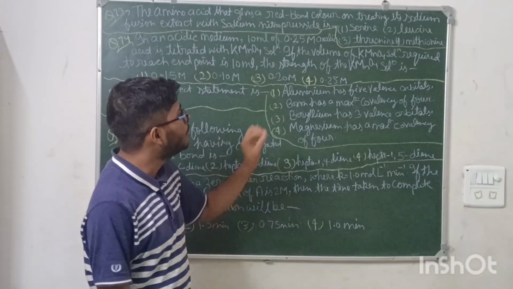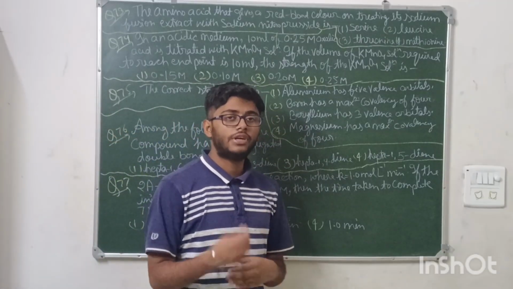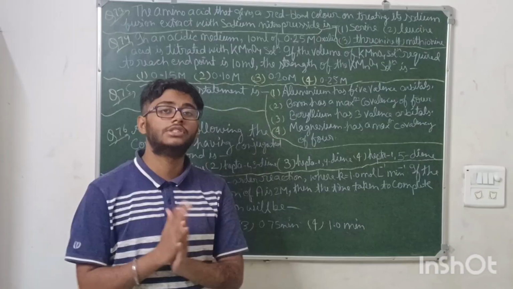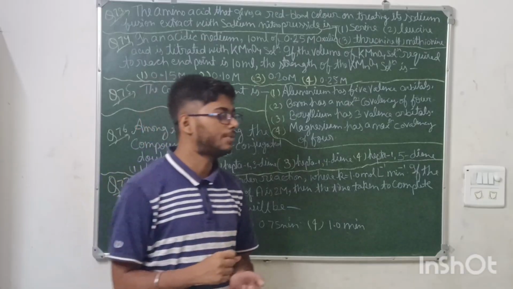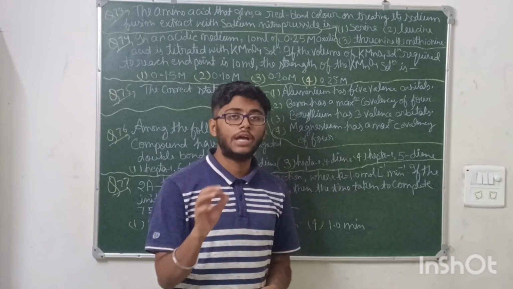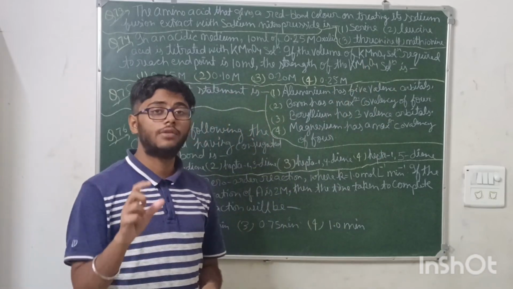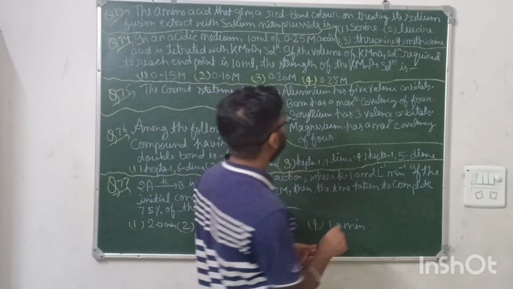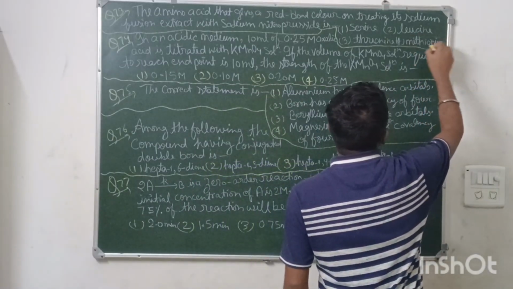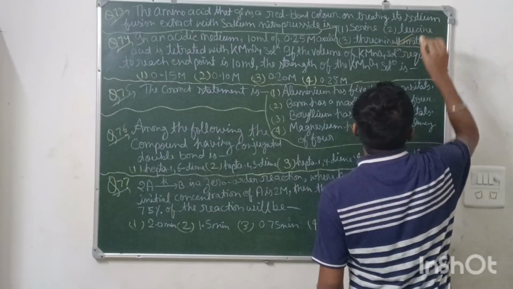You need to remember the structures of these amino acids, and if you have read the NCERT, the list of amino acids has been given there with their structures. Methionine is the only amino acid here which has sulfur in it. So if you treat it with sodium nitroprusside, it will give red blood color. So the answer for this question is methionine.